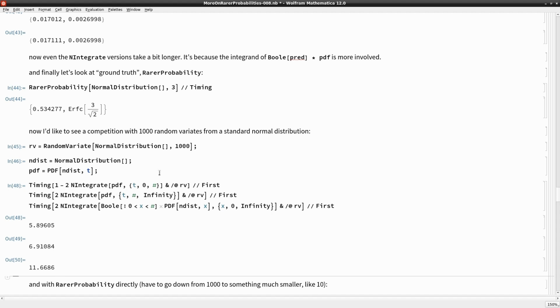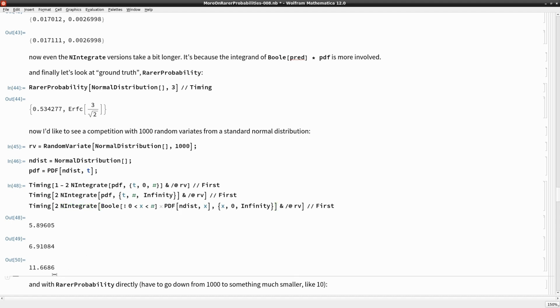So we see for 1,000 random samples from this normal distribution, the fastest result is the first one, and the second one is not too bad, but the longest one, the one that takes the largest amount of time, is the numerical integration over Boole times the PDF.